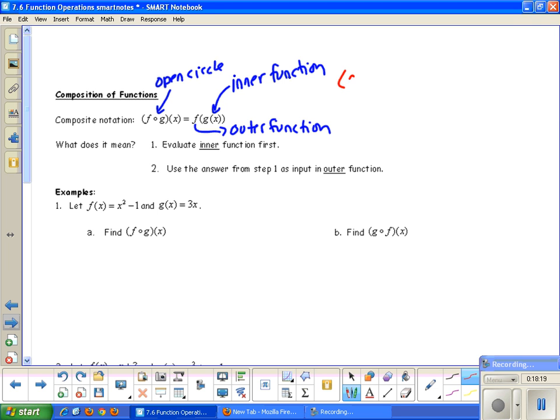What if I instead did g circle f, or g of f of x, which can also be written like this, g parenthesis f parenthesis x, g of f of x. So notice that for this one, f of x is my inner function, and g is my outer function. So again, f of x would be the inner, g would be the outer.